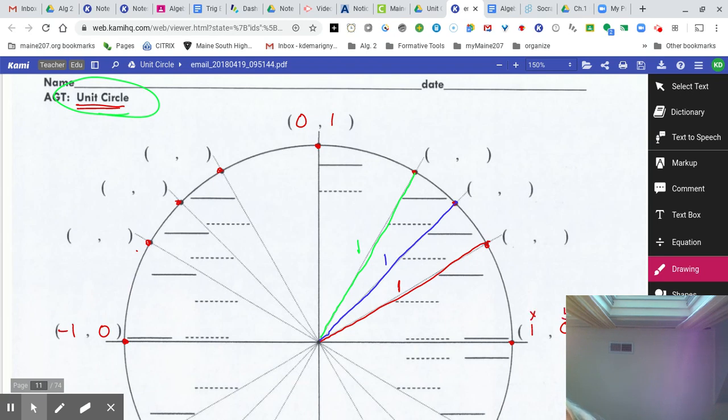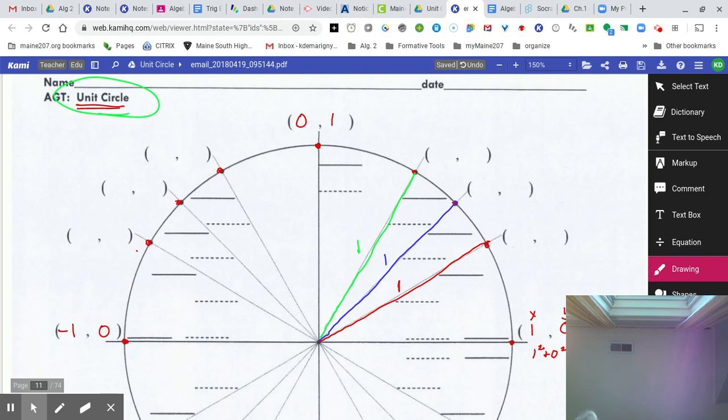This is an x, this is a y, and if you use the Pythagorean theorem, 1 squared plus 0 squared is equal to r squared. So you would know that r is equal to 1.